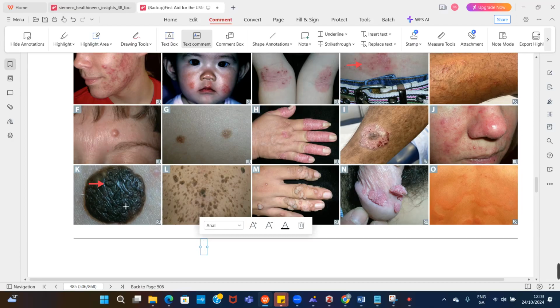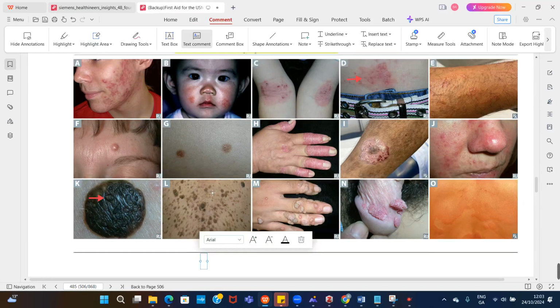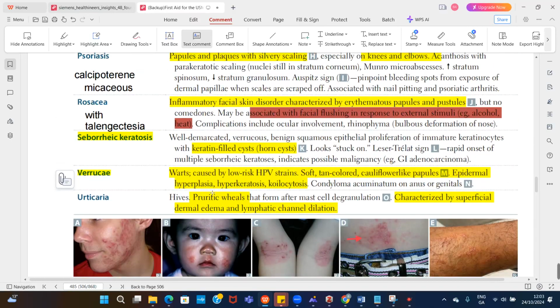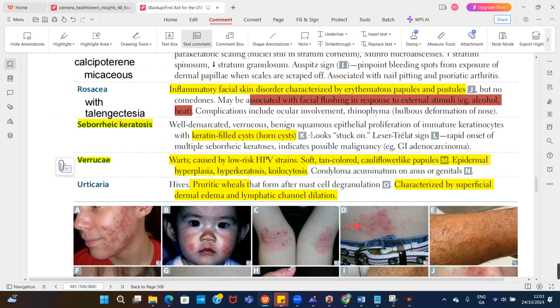So you want to rule out, does this person have a gastric adenocarcinoma? Commonly tested. What do you want to screen for in somebody with multiple seborrheic keratosis on their back? It's likely that they have an underlying gastrointestinal tumor. Very important.